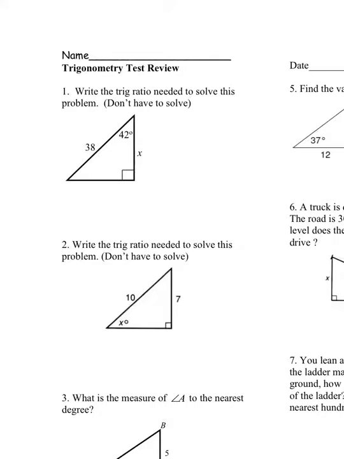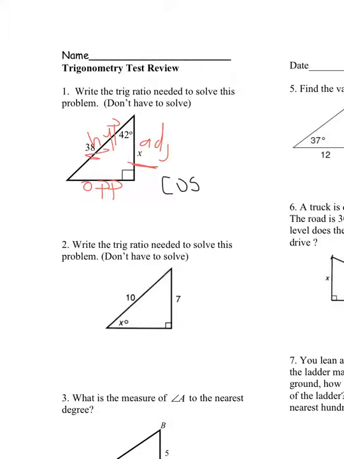All right, number one, write the trig ratio needed to solve this problem. Don't have to solve. So we're pretty much going to go all the way except to the actual answer part. So first, from your angle of 42, you have opposite, you have hypotenuse, and that's adjacent. So the two sides that have information are your adjacent and hypotenuse. That's going to give you cosine.